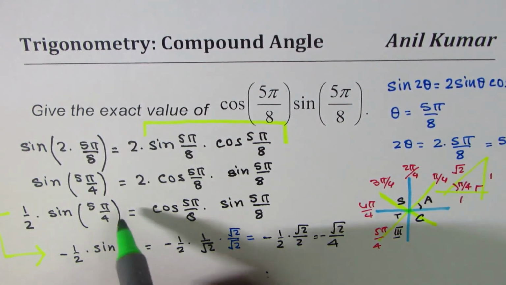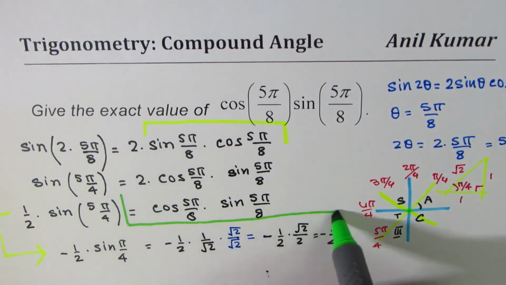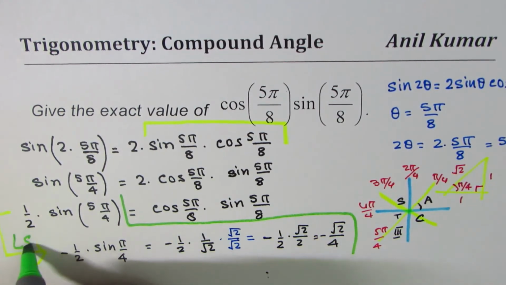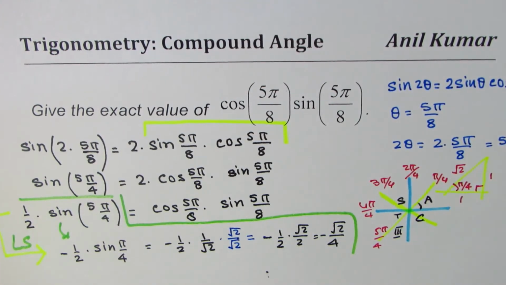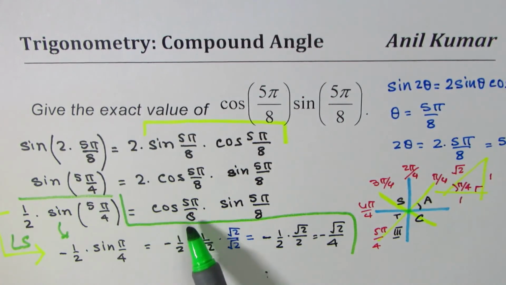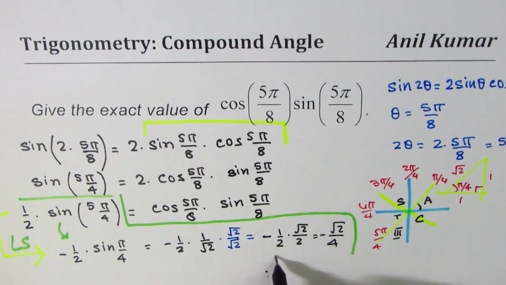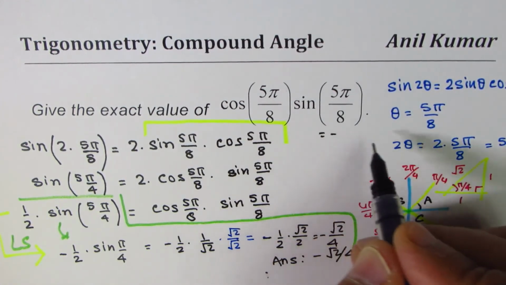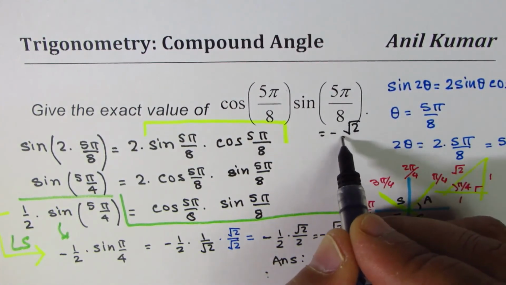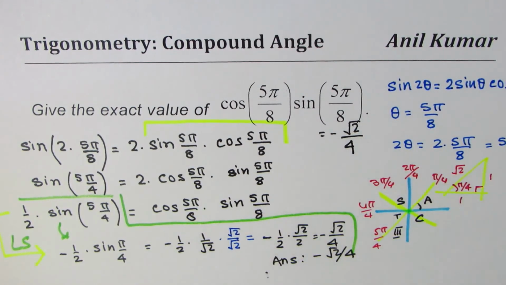So what we did here was find the value of cos 5 pi by 8 times sine 5 pi by 8, and therefore the exact value is minus square root 2 over 4, correct?